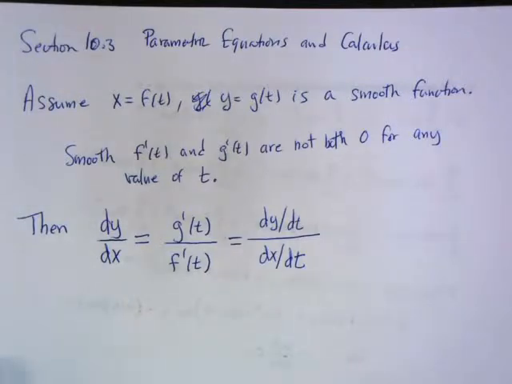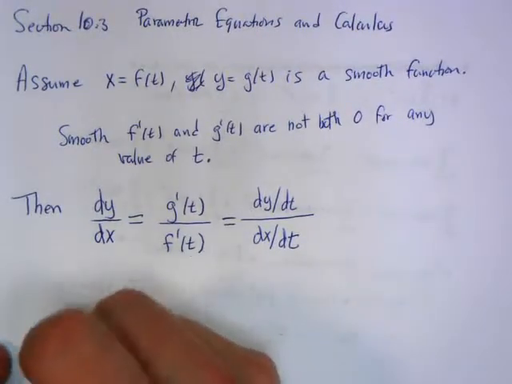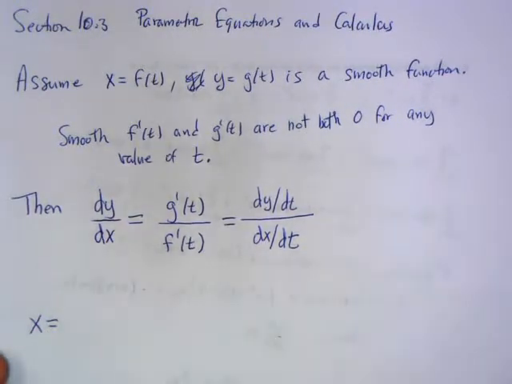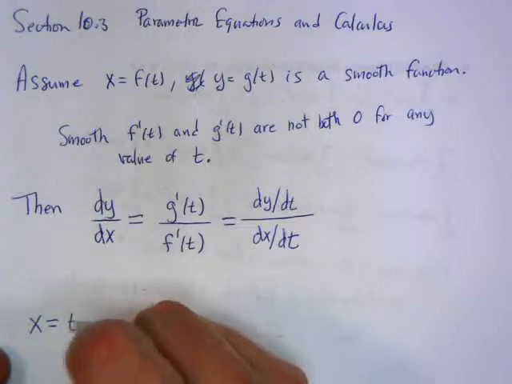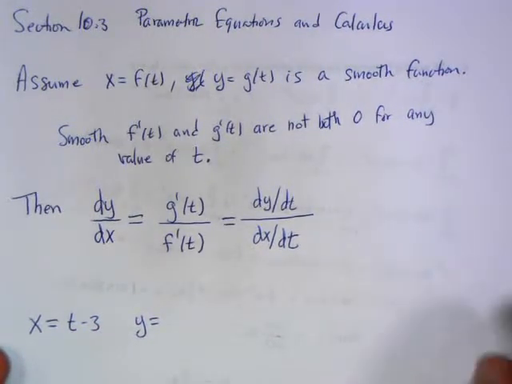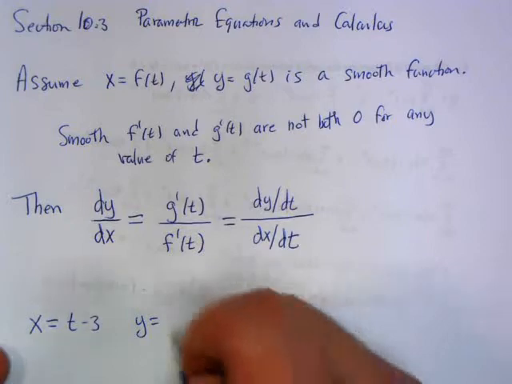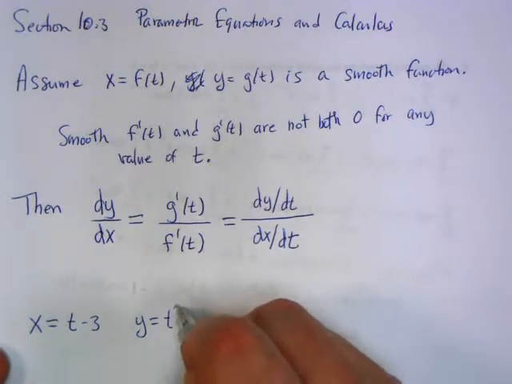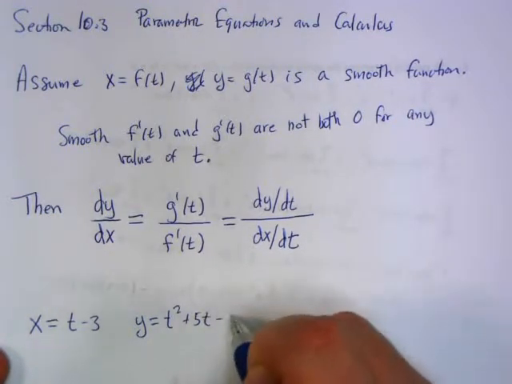All right, so I might give you some parametric equations. x equals, somebody give me a nice function with a letter t in it. t minus 3. And y is, somebody else give me another nice function with some t's in it. Not the same thing, you want to have a little different. How about t squared plus 5t minus 8?